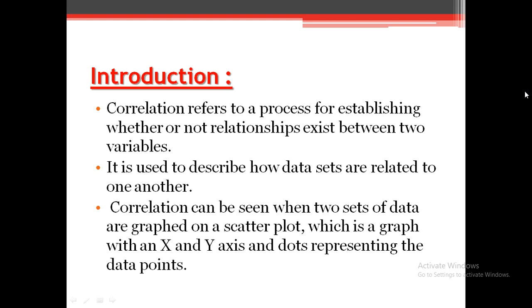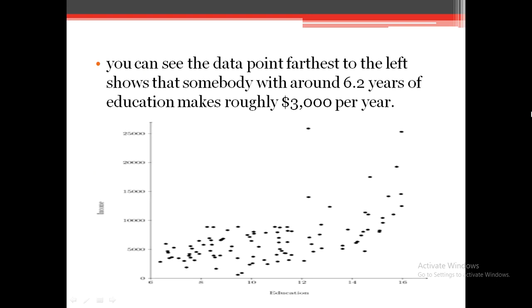So we'll see an example. Here we have a scatter plot for education and income. On the x-axis education is plotted, whereas on the y-axis the income is plotted. We can see that somebody with around 6.2 years of education makes roughly $3,000 per year.